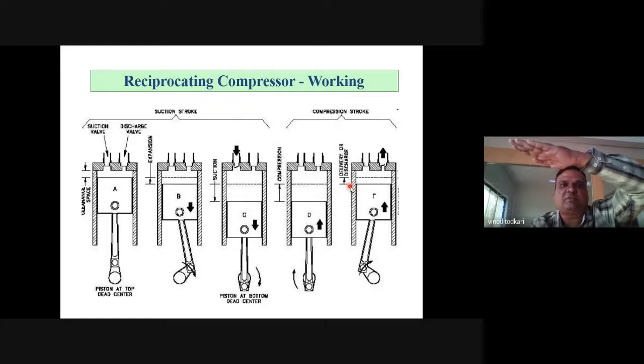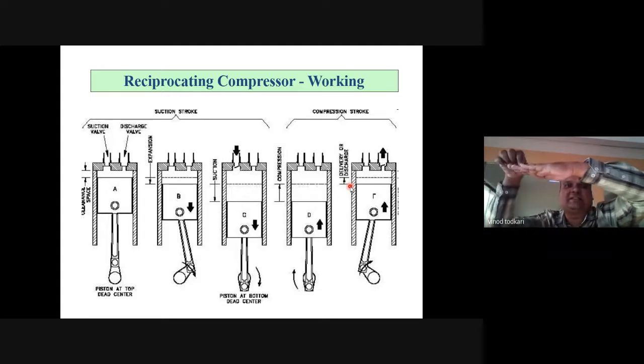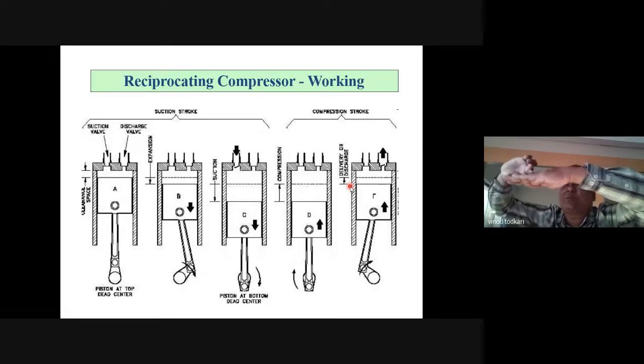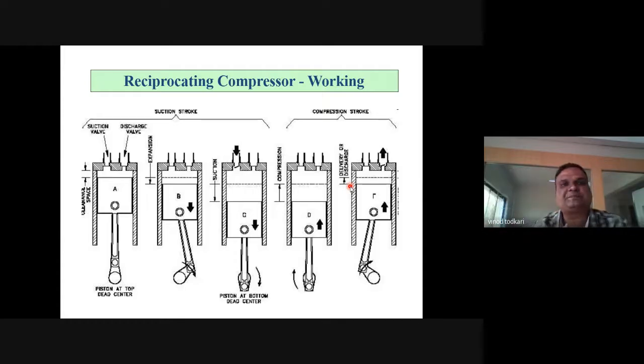Compression: piston moves from BDC to TDC, air is compressed, its volume is reduced, its pressure is increased. And then delivery means the outlet valve is opened and the compressed air is taken out of the cylinder and stored in the reservoir or in the receiver. Tell me, is this concept clear to you?